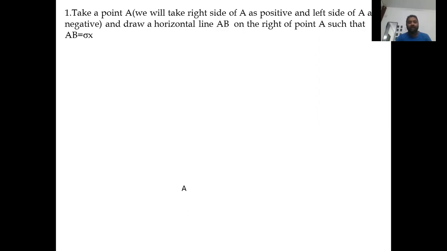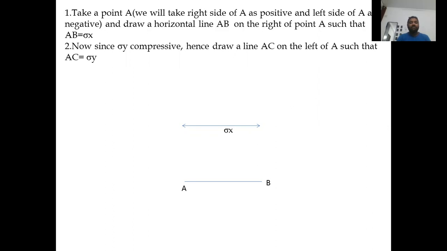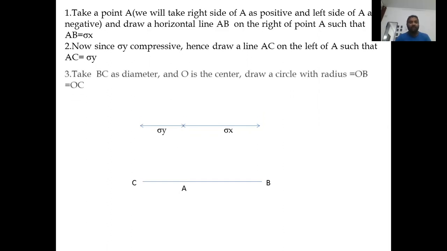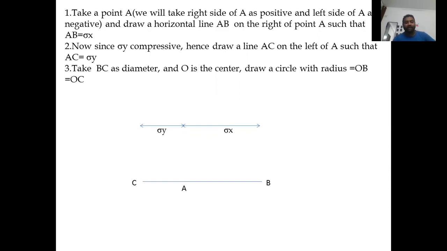On the right side of A, I am drawing a line AB such that AB is equal to sigma X. Sigma X I have drawn on the right side because sigma X is a tensile stress, a positive stress. So AB is equal to sigma X. Now, since sigma Y is compressive, draw a line AC on the left side of A such that AC is equal to sigma Y. Now take BC as diameter and O as center.